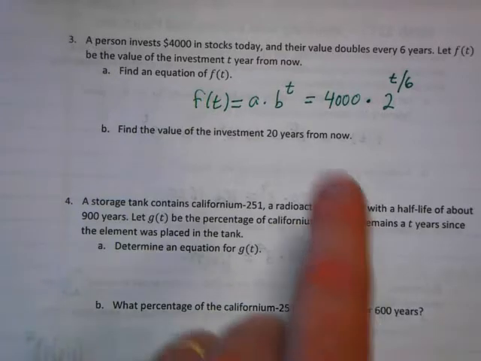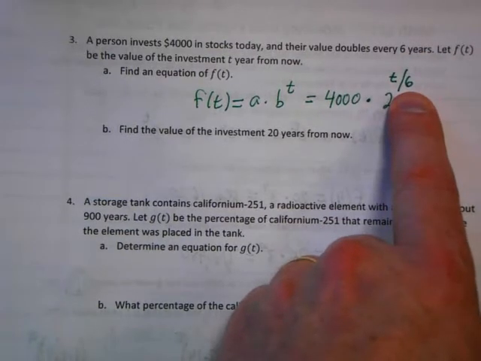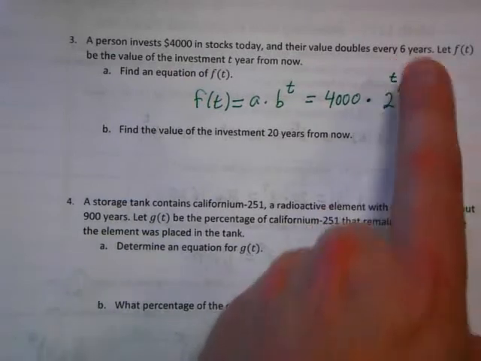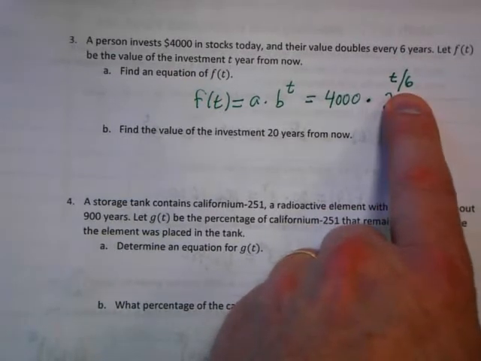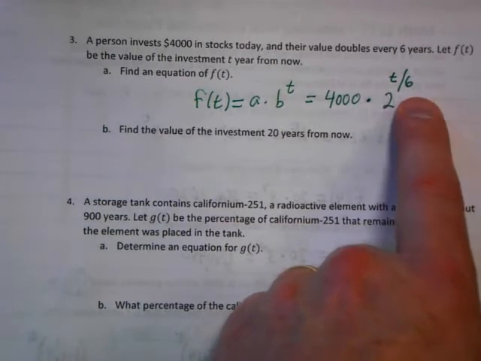Well, what happens if I plug in 6 years? If t is 6, 6 divided by 6 is 1, and I would get 2 to the 1, which is 2, so it would force it to double. So if it's doubling every 6 years, you're just going to take t and divide it by 6. If it said it doubled every 10 years, you would have t divided by 10. Okay?